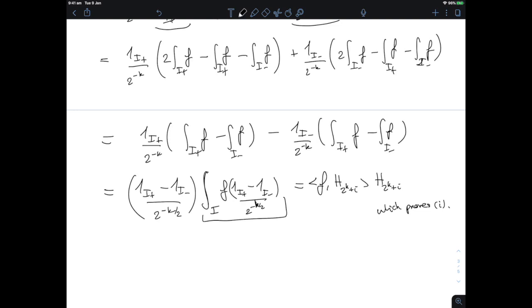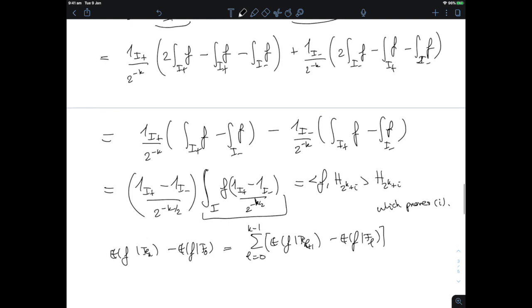Excellent. Now, to prove 2, we need to see what happens when we sum up these martingale differences. Well, when we look at the expectation of f given F_k minus the expectation of f given F_0, that gives us the sum from l equals 0 to k minus 1 of the conditional expectation of f given F_{l+1} minus the conditional expectation given F_l, and we've just computed what these things are.